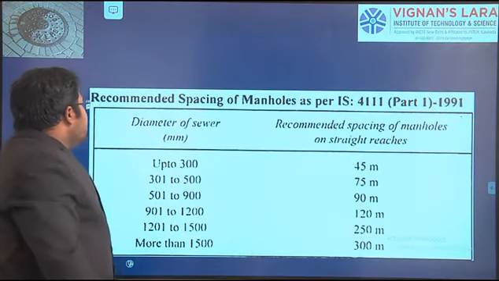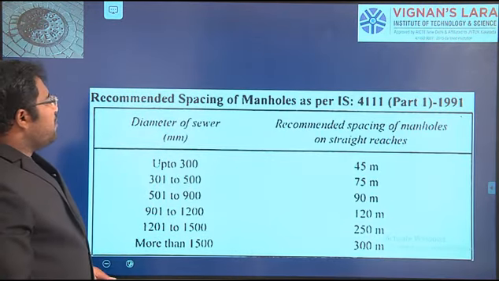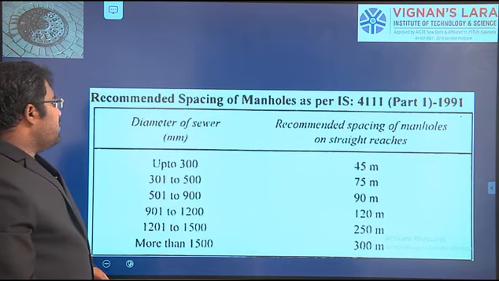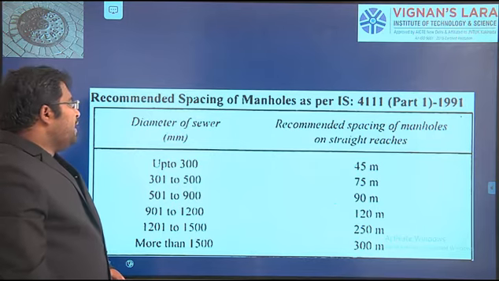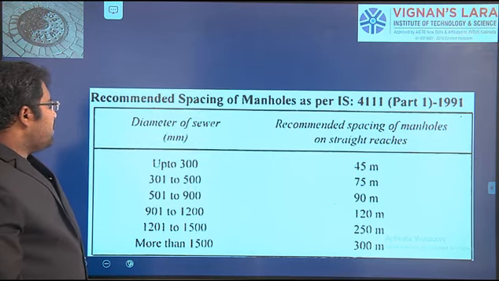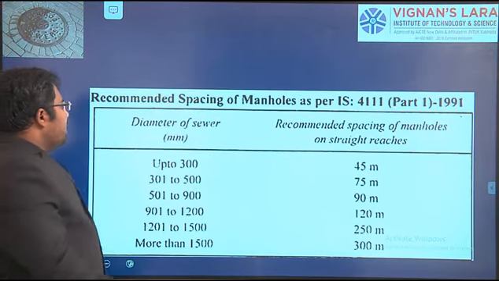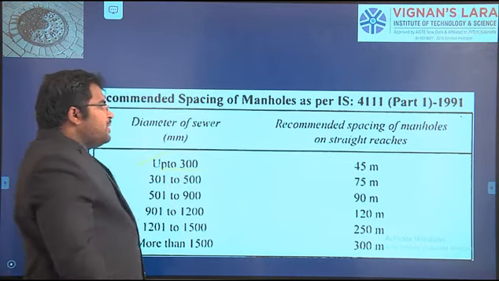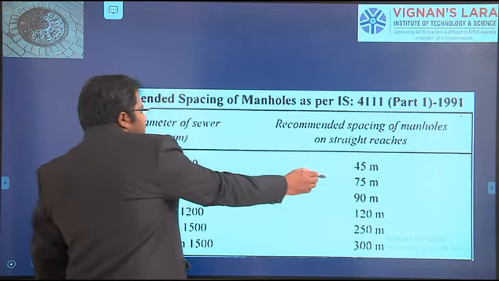Now we can see the recommended spacing of manholes as per IS, Indian Standard 4111 Part 1, 1991. For a sewer diameter up to 300 mm, the spacing will be 45 meters.